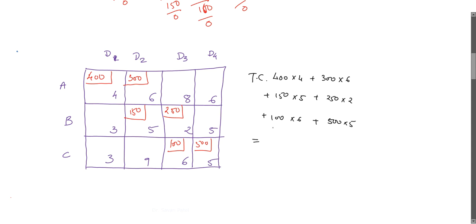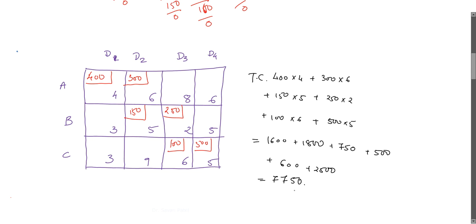That is 1600, 1800, 750, 500, 600, 2500. So the net sum is 7750.